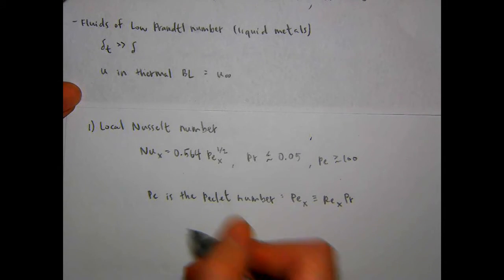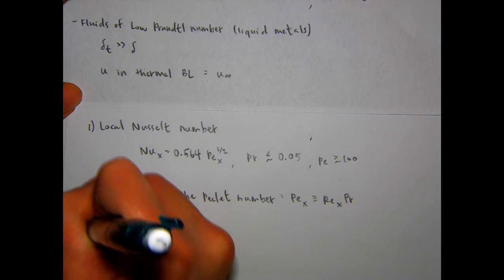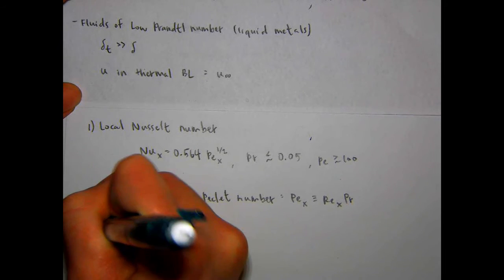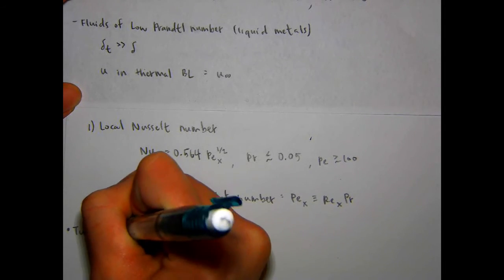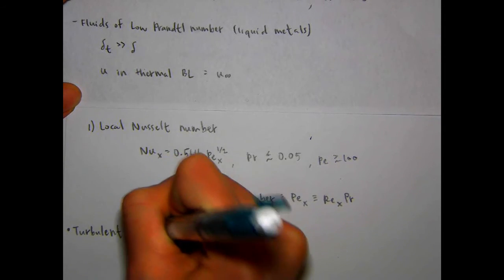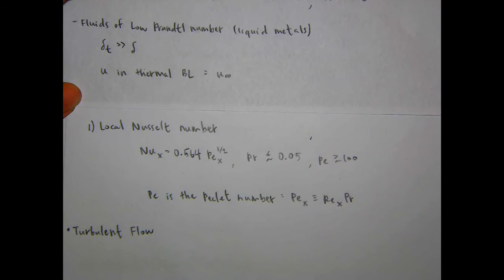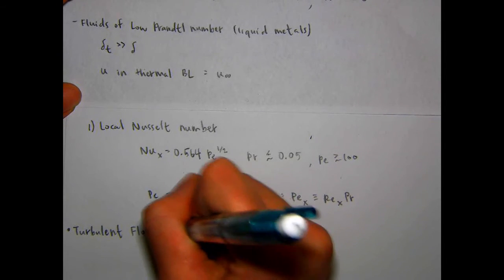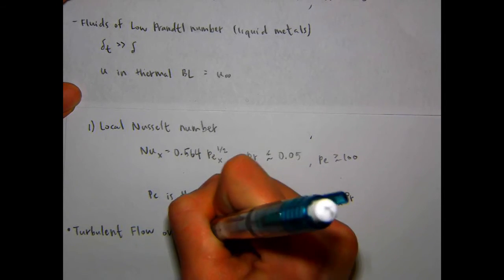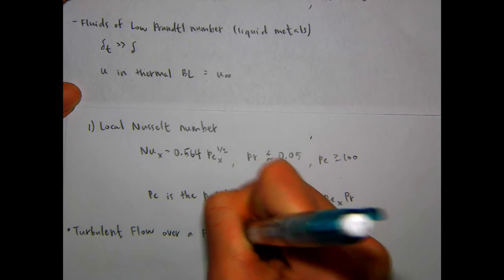Okay, that's it for laminar flow. Let's write down a few correlations for turbulent flow. So now we're going to be in the region past the critical x, so past the transition. So turbulent flow over a flat isothermal plate.